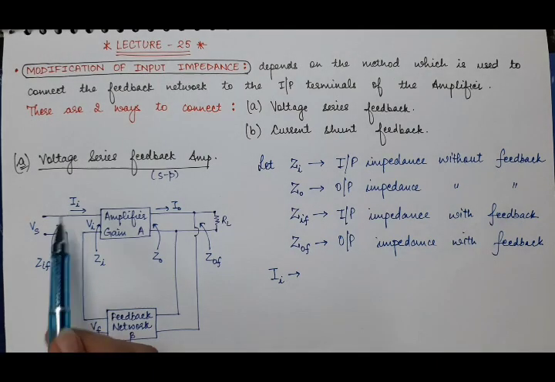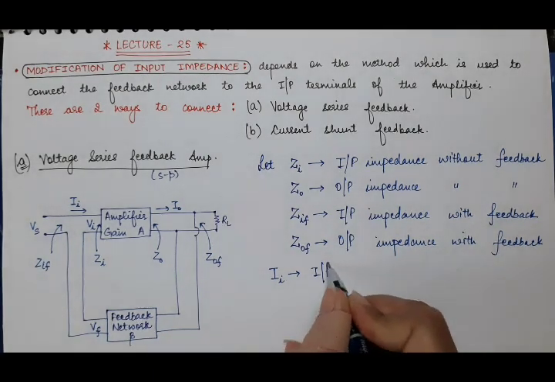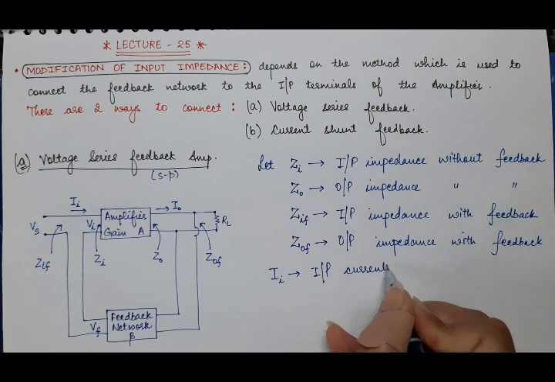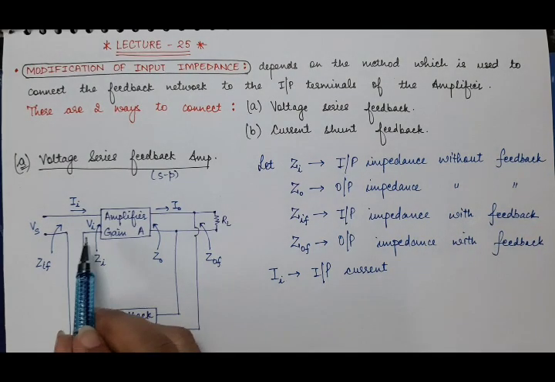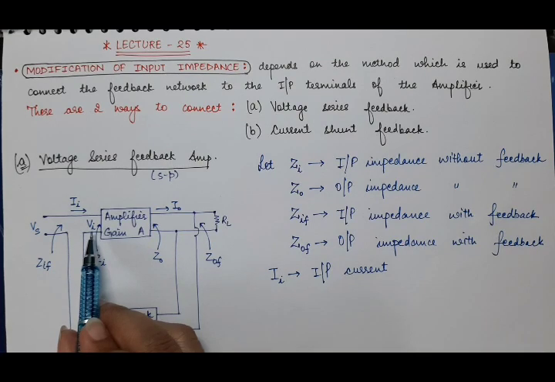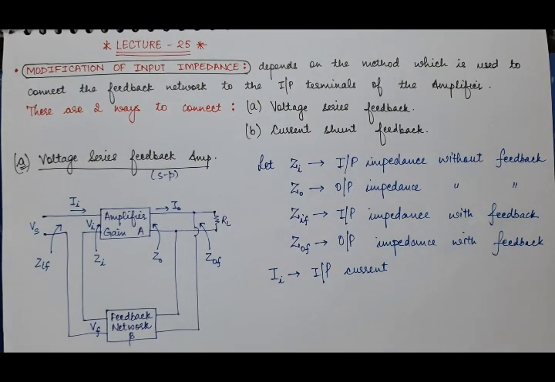Now if Ii is the input current and Vi is the input signal voltage with feedback, what will be Zi? Zi is the input impedance without feedback, and without feedback Vi is equal to Vs. So Zi is equal to Vi upon Ii.